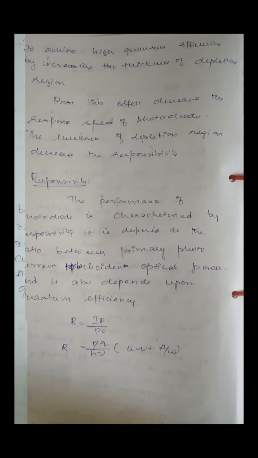Next, we'll learn about the characteristics of the PIN diode. We have two important characteristics. One is quantum efficiency, another one is response speed, or we can call it responsivity.